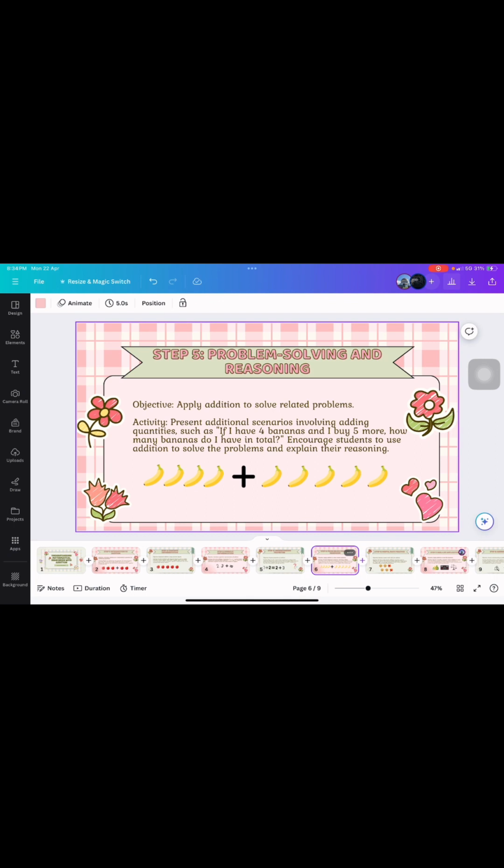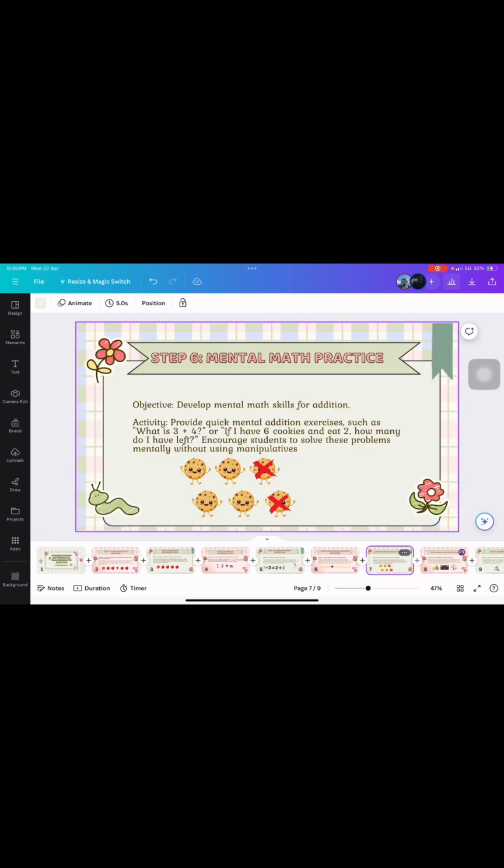Emphasize that addition can be used to solve real life problems, such as determining the total number of bananas. By presenting different scenarios and encouraging students to use addition to solve them, we help them develop a deeper understanding of addition as a fundamental arithmetic operation. So we move to the sixth step, which is mental math practice.